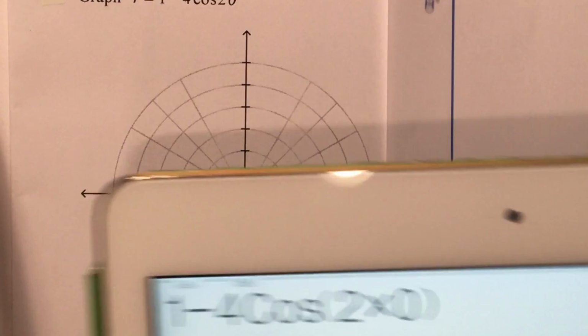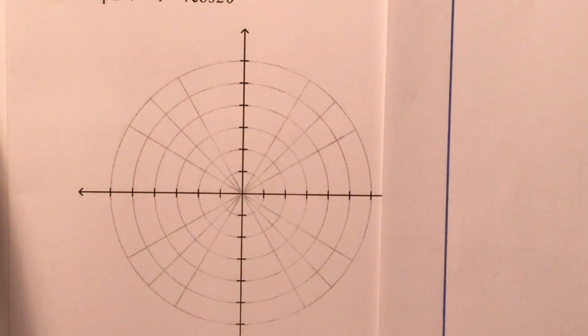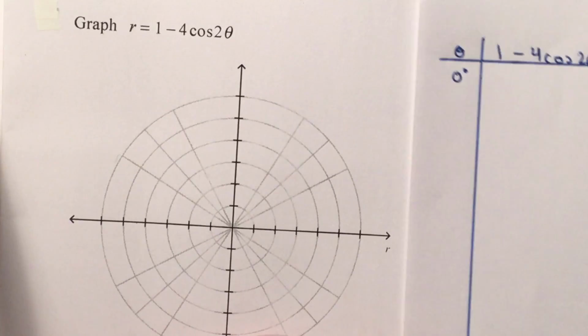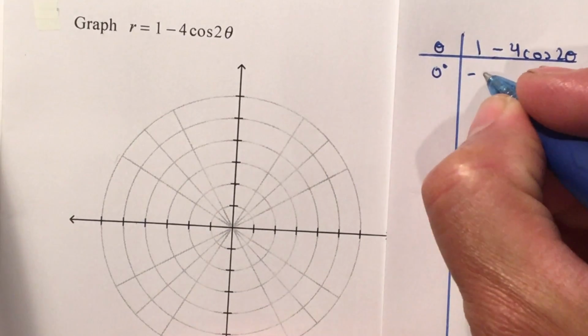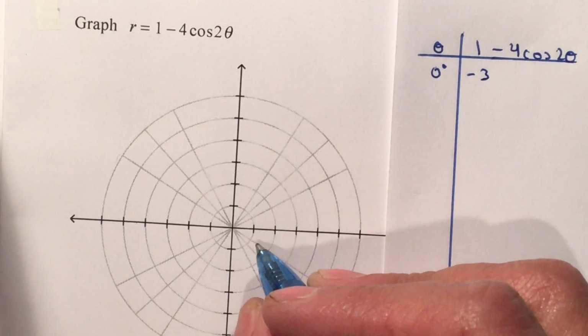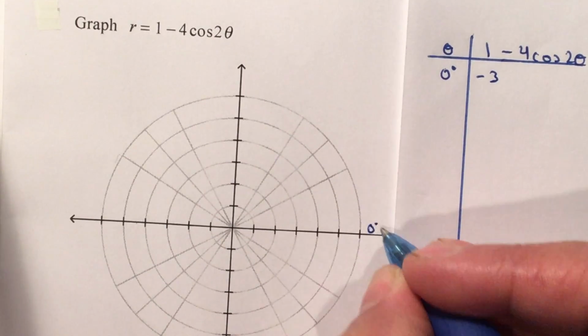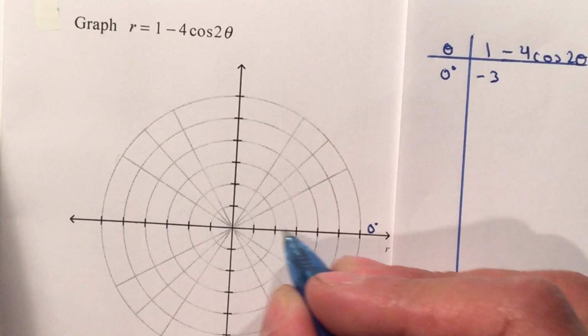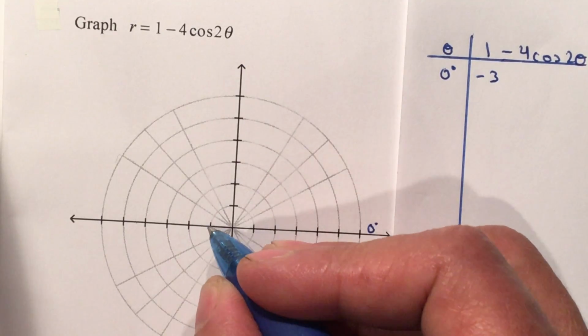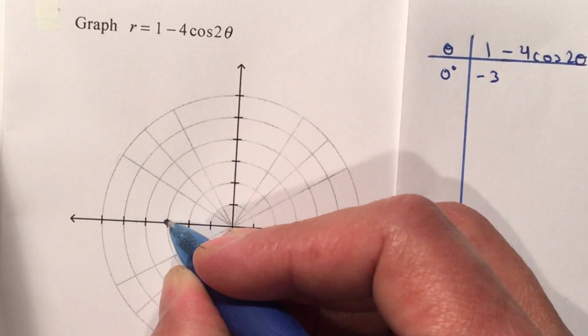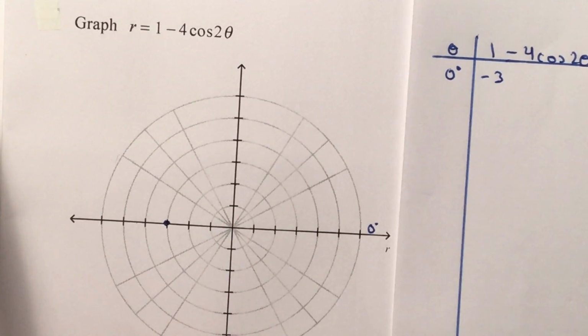And that gives me negative 3. So if I plug in 0, it gives me a negative 3, and I'll go and plot it. Now, this is 0 degrees. If it gives me positive, I go forward. In this case, it gives me negative, so I'm going to go 1, 2, 3 to the opposite side.